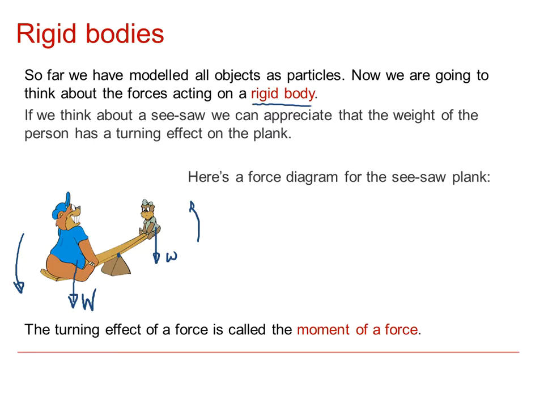There will also be a reaction force where it's supported, so there will be a normal reaction at this point here. So those two weights are going to produce turning forces about this axis here, which we might say is x. And that turning force is referred to as the moment of a force.